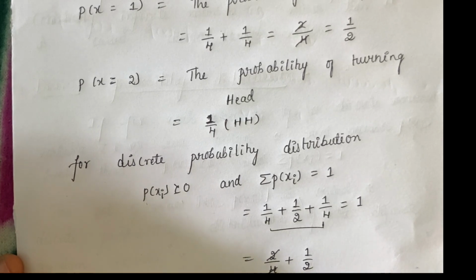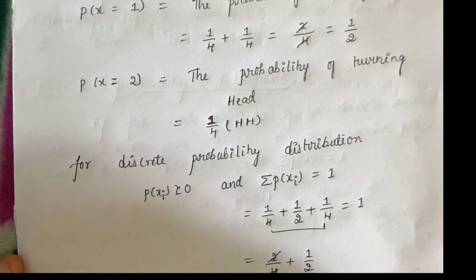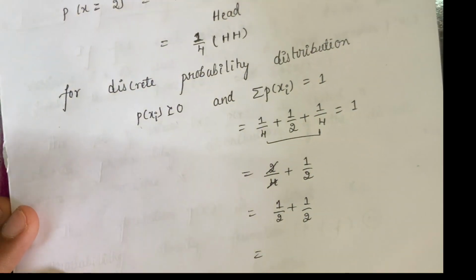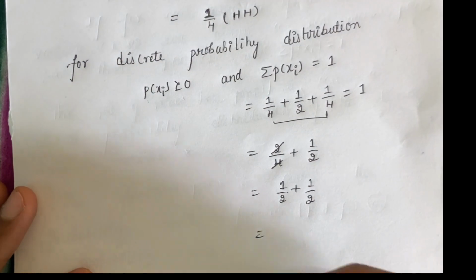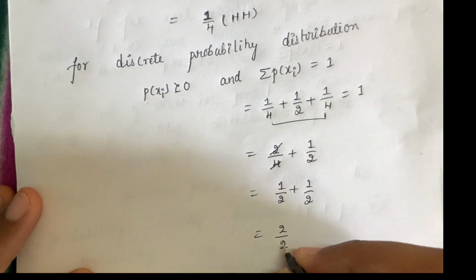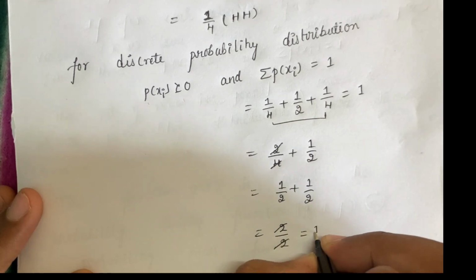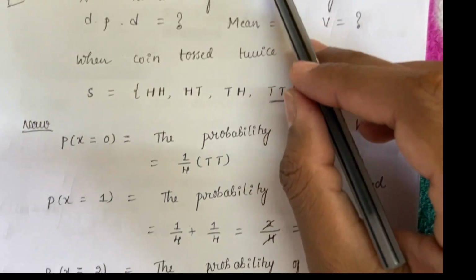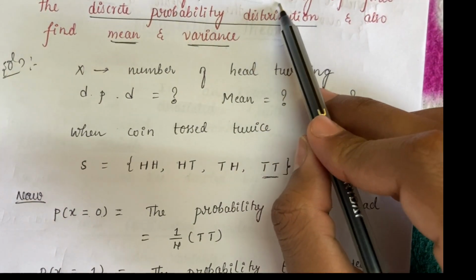Then you will get 1 by 2 plus 1 by 2, that is 2 by 2, which is 1. So we found the discrete probability distribution.